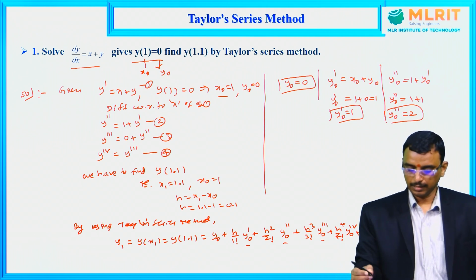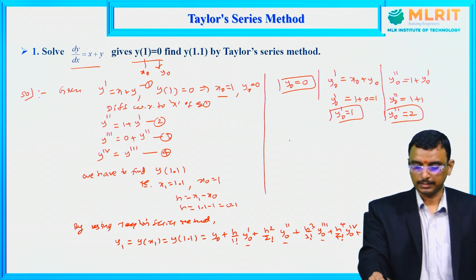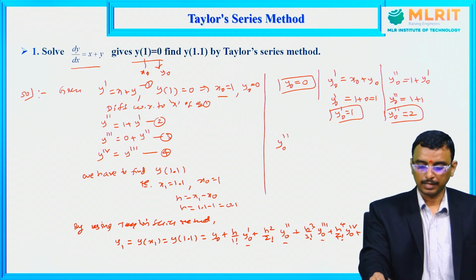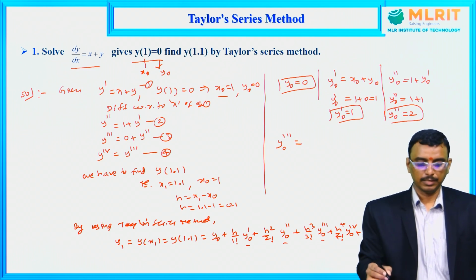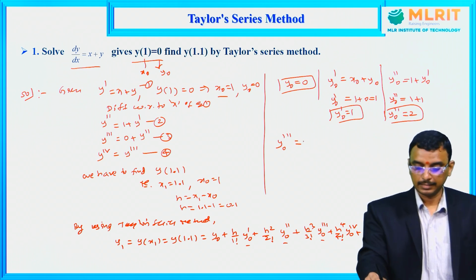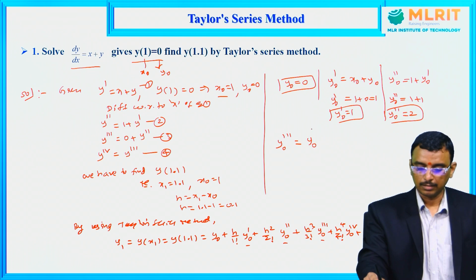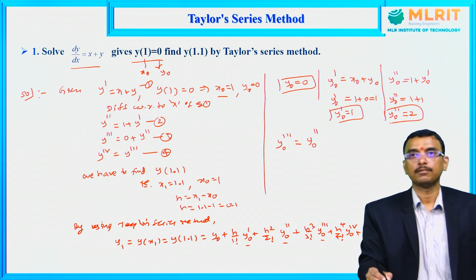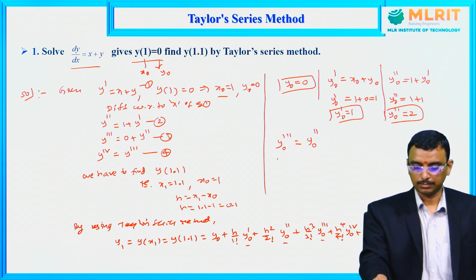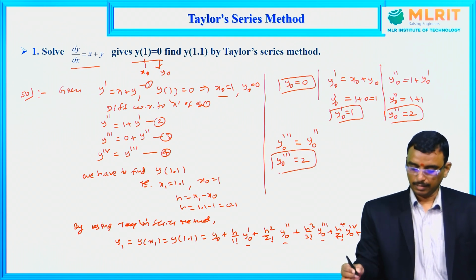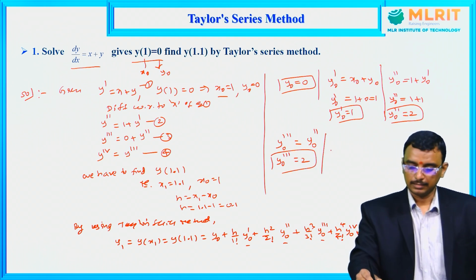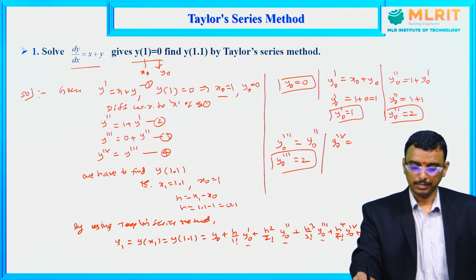Similarly, y naught triple dash, from equation 3, is y naught double dash, which is 2. So y naught triple dash is equal to 2, and y naught fourth order, from equation 4, is y naught triple dash, and this value is 2.